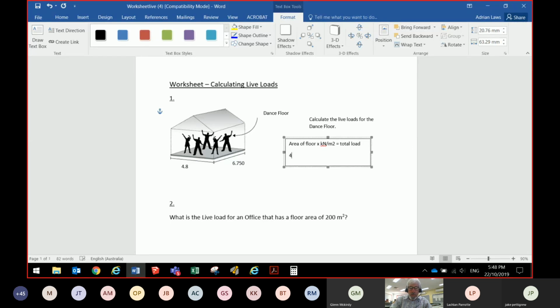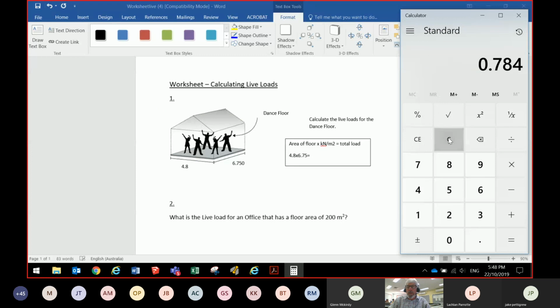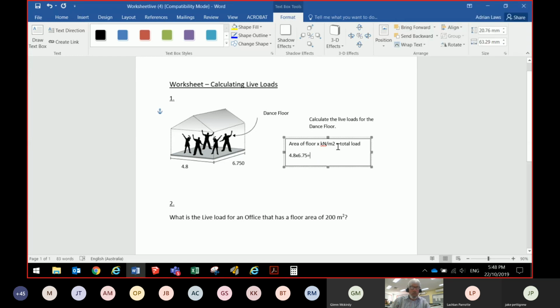This is pretty straightforward, 4.8 times 6.75 equals, and someone can type into the chat what that equals there. Quickly do that one, 4.8 times 6.75 gives us 32.4 kilonewtons.